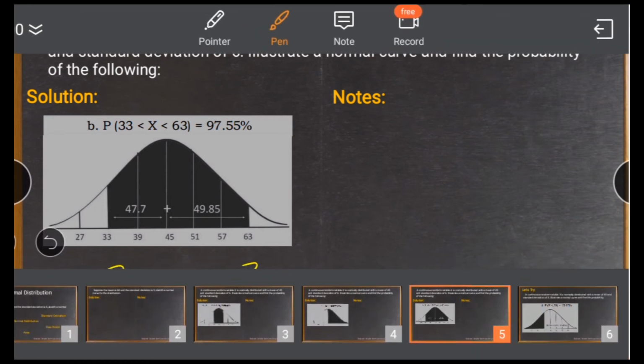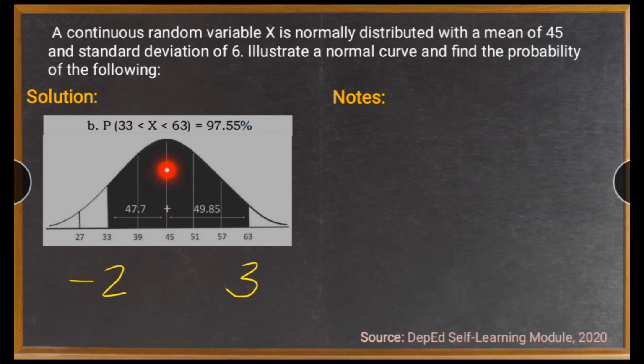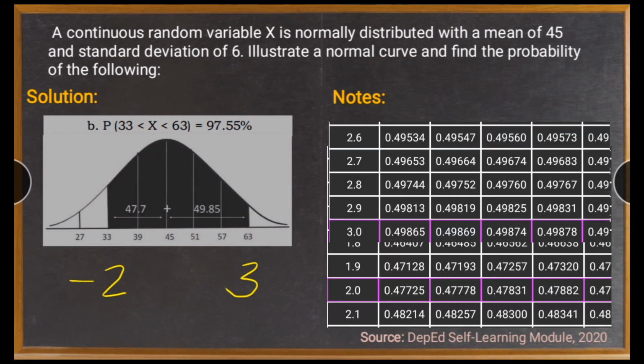Why? Remember that this is 0. So 0, 1, 2, 3. And 0, -1, -2. If we check the table, from 0 to +2 is 47.7.